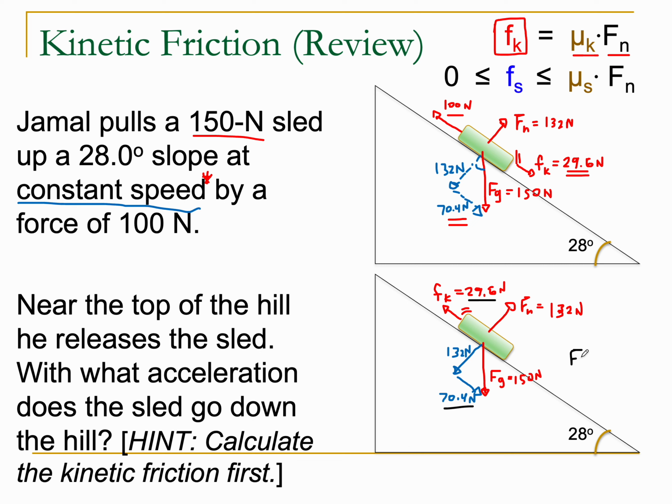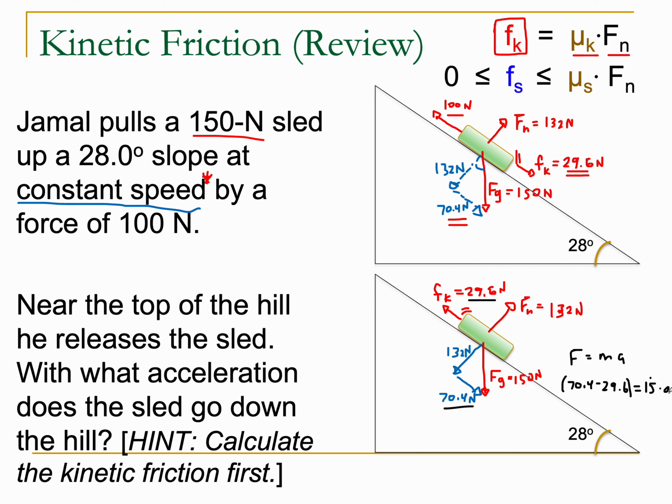So if you do F net equals ma, the net force in this case is going to be the 70.4 pushing it down the ramp, minus the force of friction, the 29.6 acting up the ramp, equals the mass of this thing, which, if making gravity 10 again, must be about 15 kilograms. Because the force of gravity was 150 newtons.